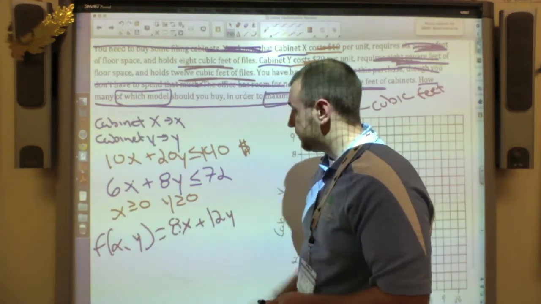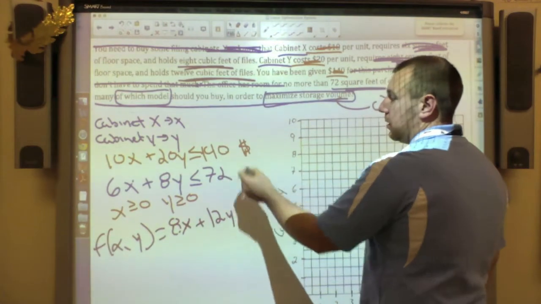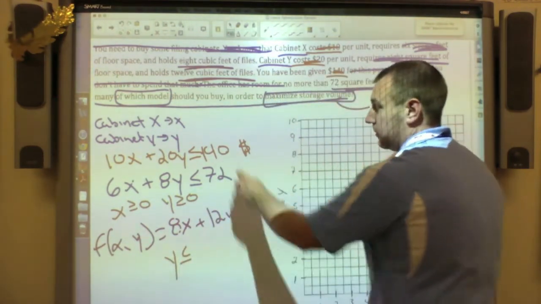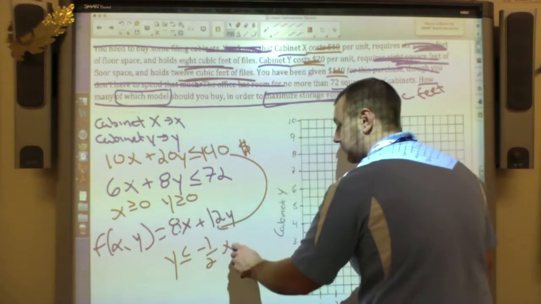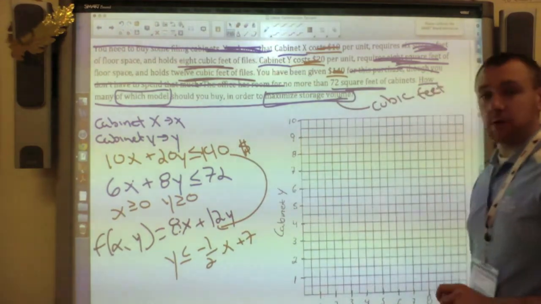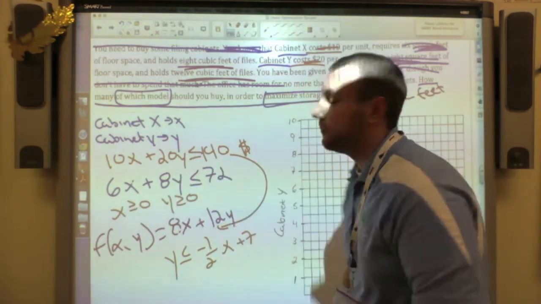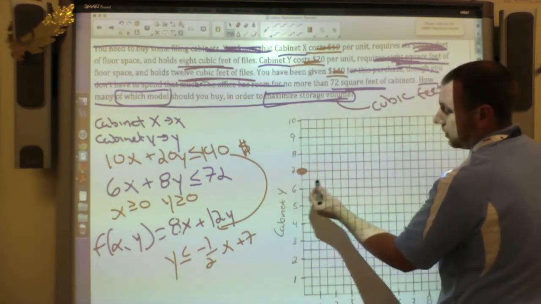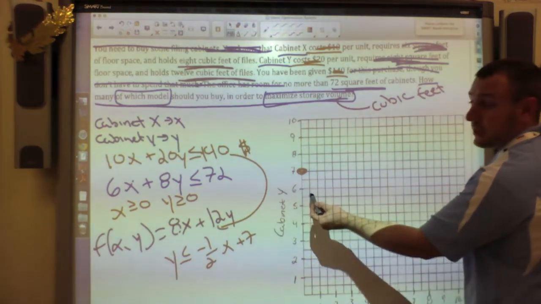So I have to solve for y. In this equation, I'm going to solve for y, and it's going to be y is going to be less than or equal to negative 1/2 x plus 7. Okay? I would subtract the 10, divide by 20. So I'm just going to graph that. Boom. Go down 1 over 2. Every one of these is half.